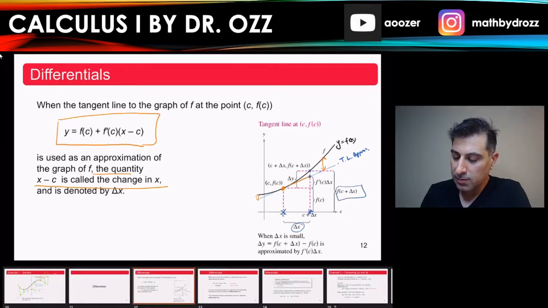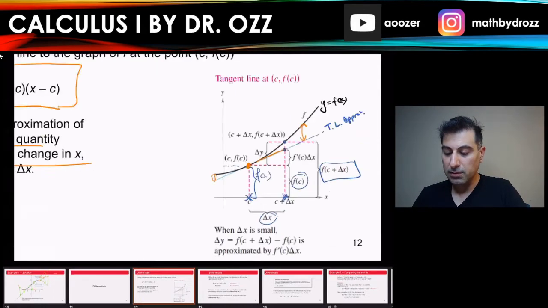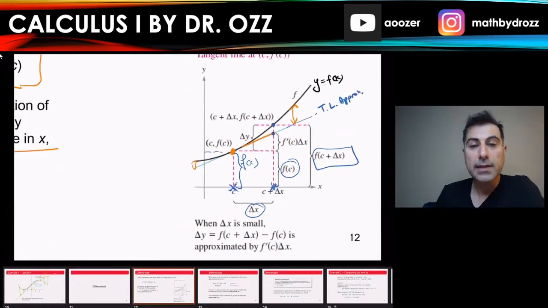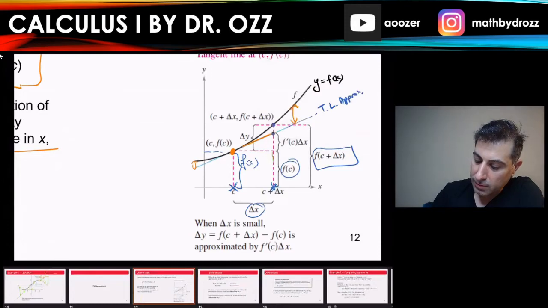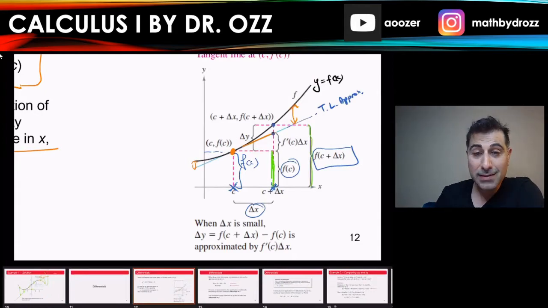So here f of c plus delta x is the actual value of the function, and as you see, this part here is f of c, so is this part, right? So is this part. Let me just zoom in a little bit for you to see better. Okay. So since this length here is f of c, and then this huge length here is f of c plus delta x, the difference between these two is the actual rise of the function from c to c plus delta x.